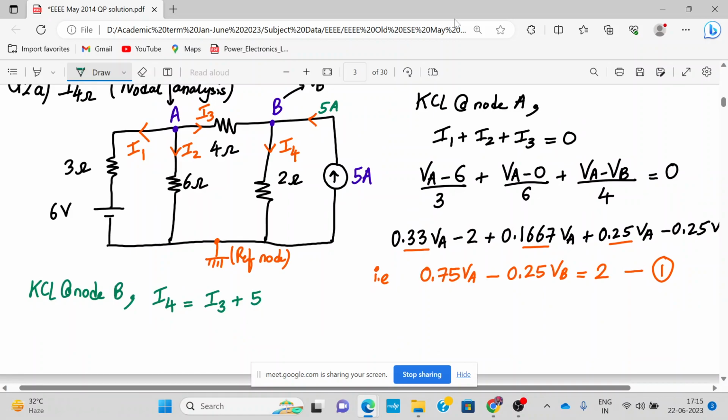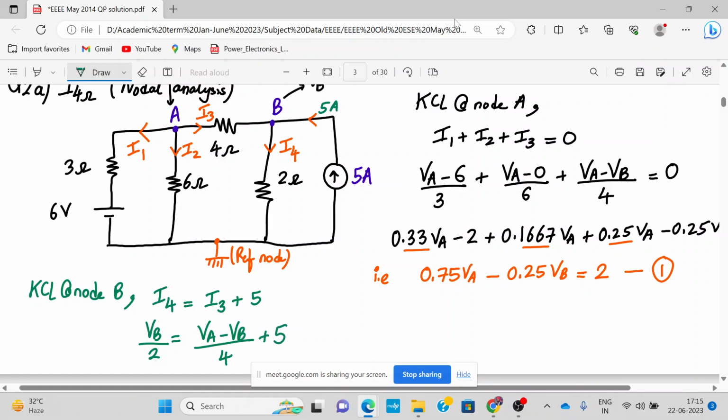Now, what is I4 given by? VB upon 2. What is I3 given by? VA minus VB upon 4. Remember, the direction will remain same. So it's starting from VA pointing towards B. So it's VA minus VB upon 4, plus 5.